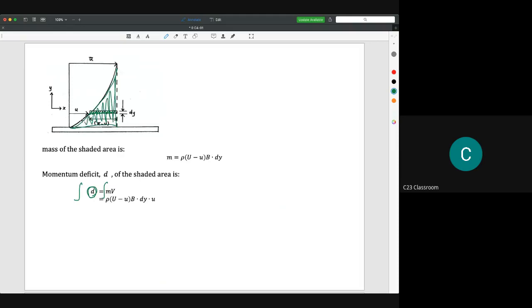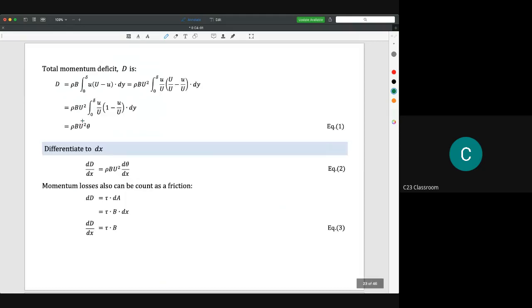We just change the terms. This is not the integral rule, this is just our definition. So the small d will become capital D to show the total momentum deficit. Then we integrate from 0 to delta. We know that rho and b here are constant, so we take them out from the integral. And then we could solve this one.